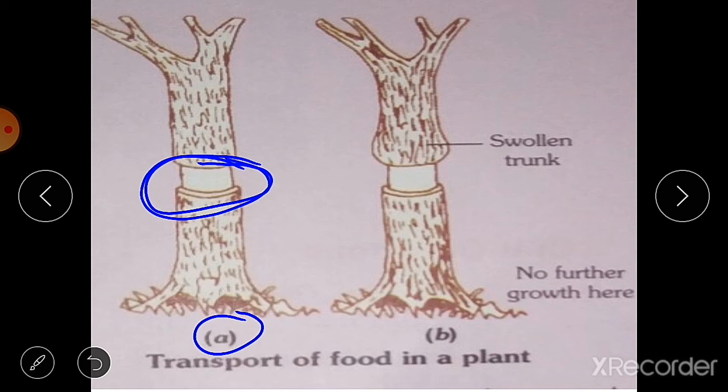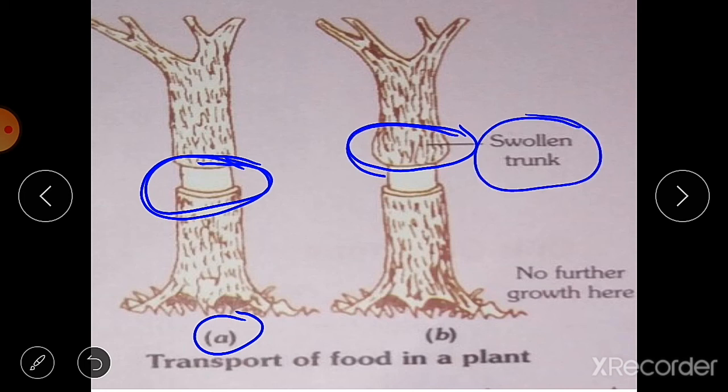What will be the observation? The stem in the upper portion shows swelling. Here the stem in the upper section of this cut is swollen. And why does it happen? This is because the removal of the phloem tissue causes a blockage here.